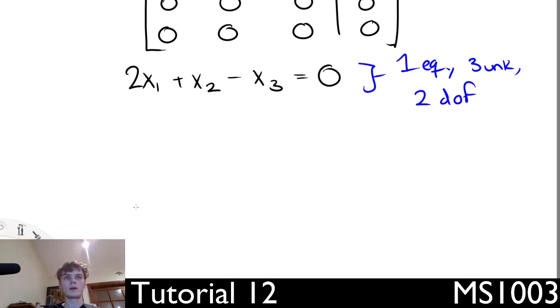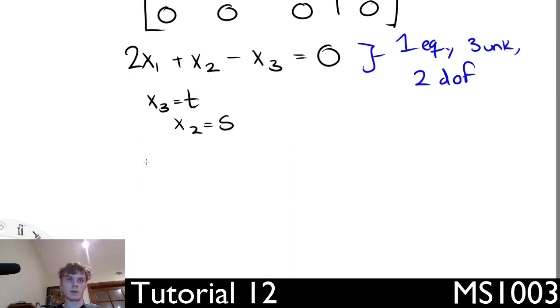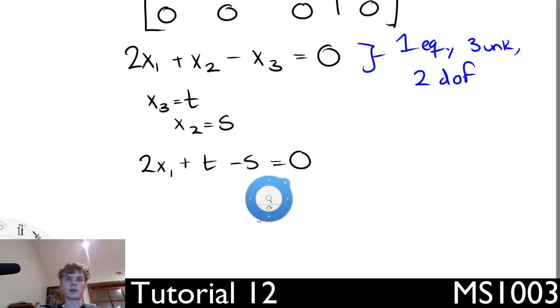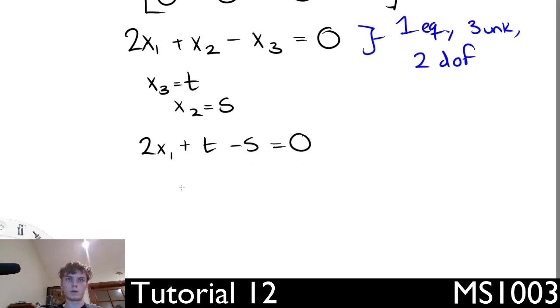Okay, so let's say x3 equals t and x2 equals f. And so that means 2 times x1 is going to be f minus t. So x1 is going to be f minus t all divided by 2.